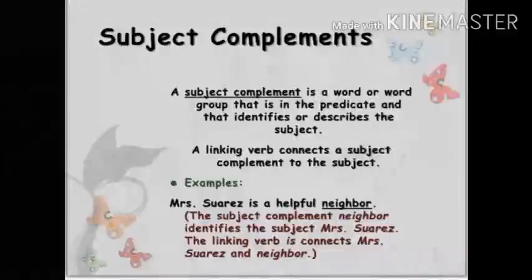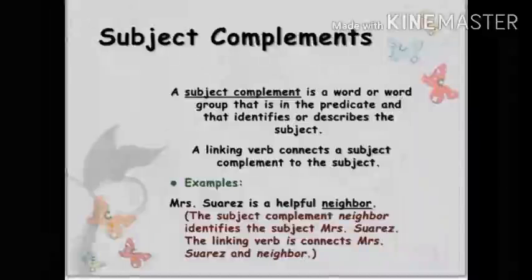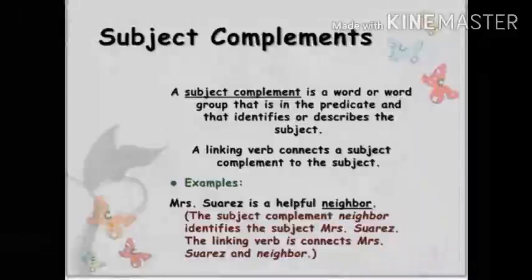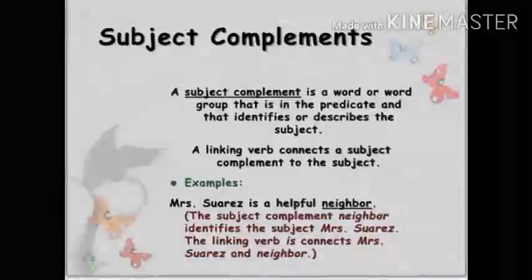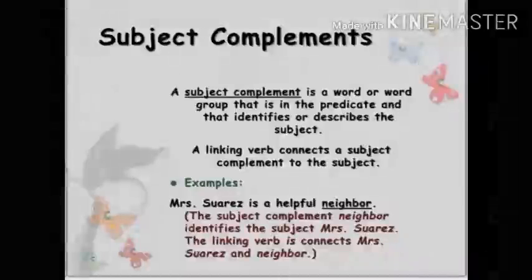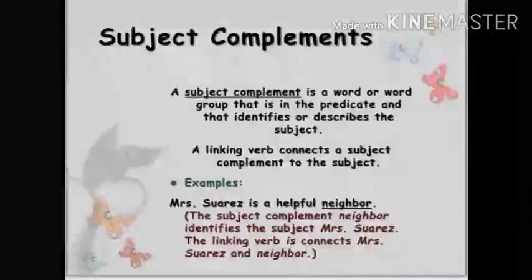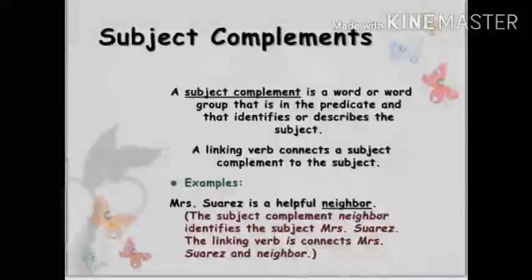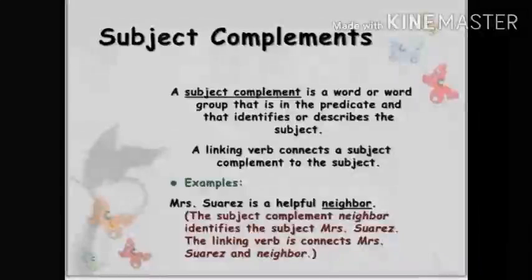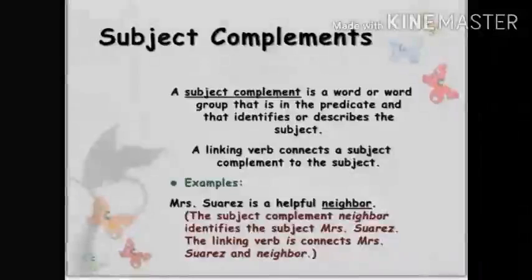When the main verb of the sentence doesn't indicate any action, that is the linking verb. For example, Mrs. Swaraj is a helpful neighbor. Now, in this sentence, we are talking about Mrs. Swaraj. So, that is the subject. Is doesn't show any action. So, it's a linking verb. The group of words, a helpful neighbor, is describing the subject. So, it is the subject complement.